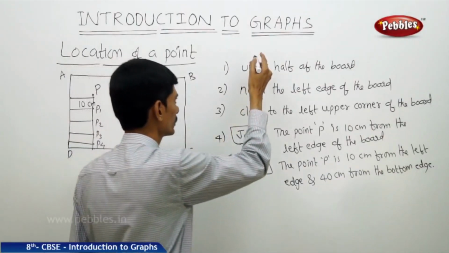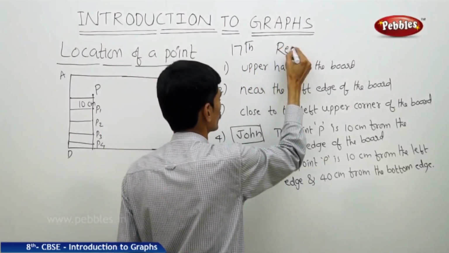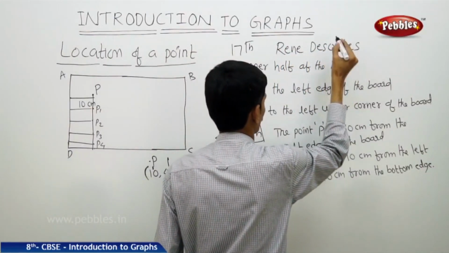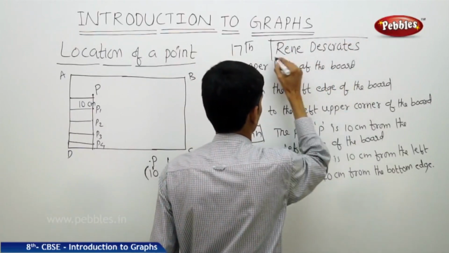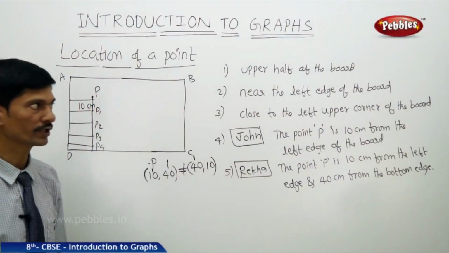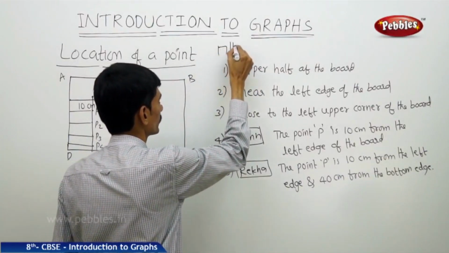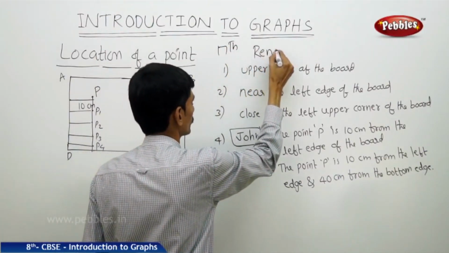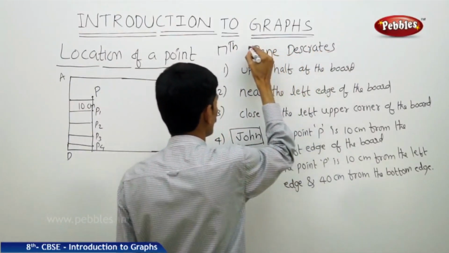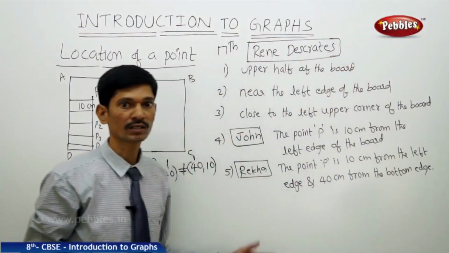The 17th century mathematician René Descartes noticed the movement of an insect near the corner of a ceiling.